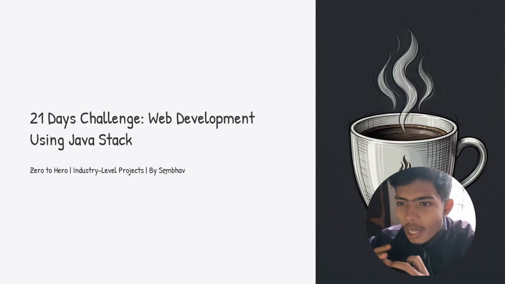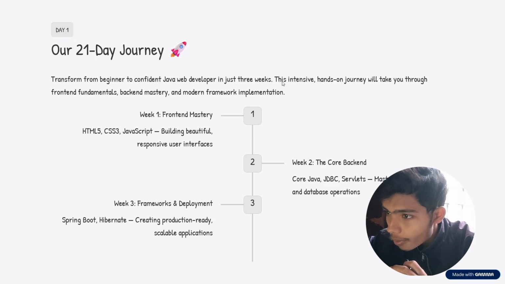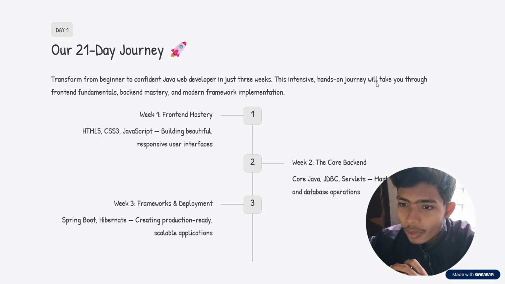So this is our 21 days journey which transforms you from a beginner to a confident Java web developer in just 3 weeks. The intensive and hands-on journey will take you through front-end fundamentals, back-end mastery, and modern framework implementation. In week one, we learn about the front end: HTML, CSS, and JavaScript for building beautiful and responsive user interfaces.